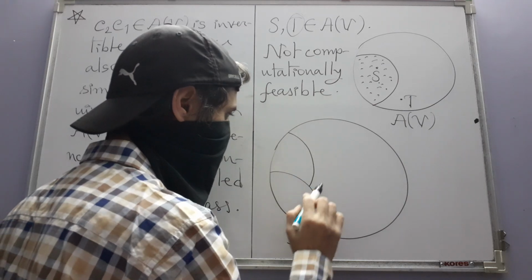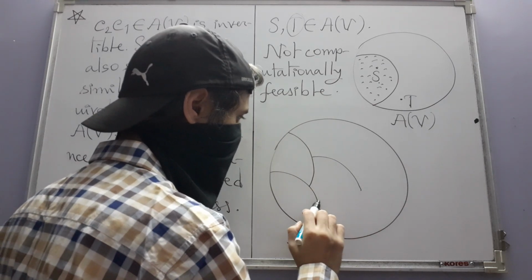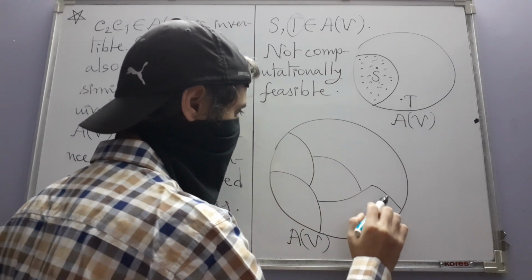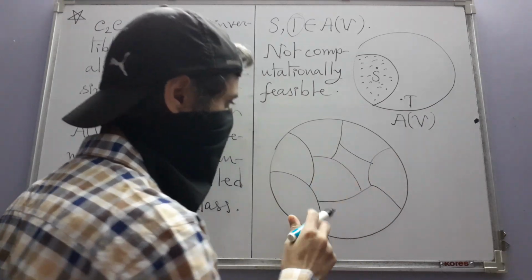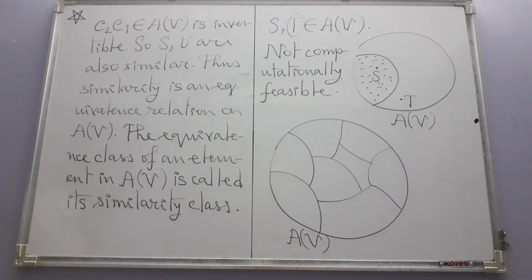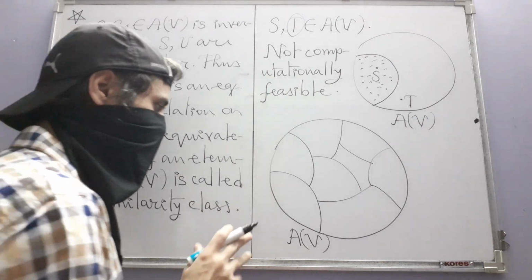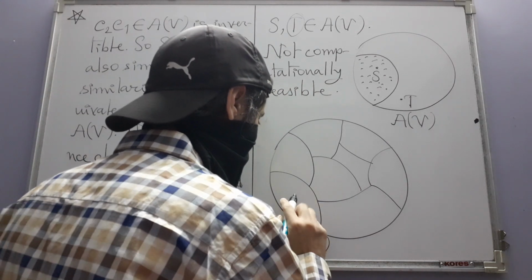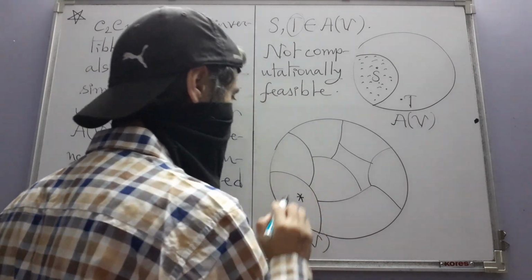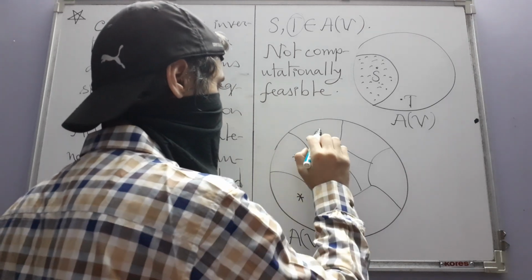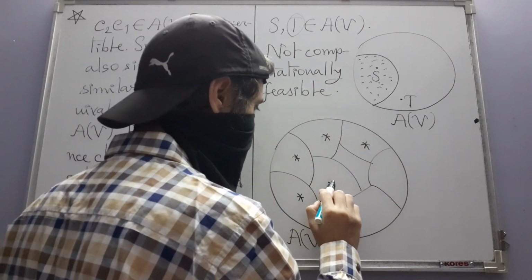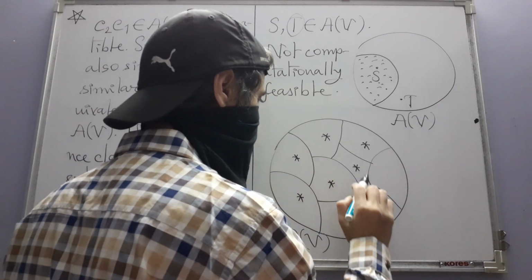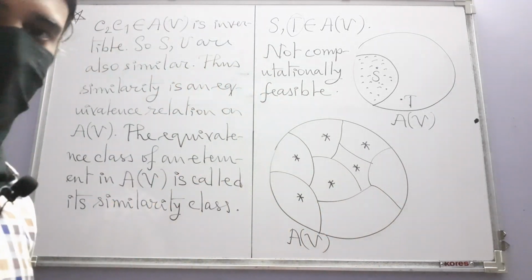They partition A of V into disjoint non-empty sets whose union is A of V. That's what partitions are. So what we do, we identify some kind of landmark, some elements in each similarity class as a distinguished element.